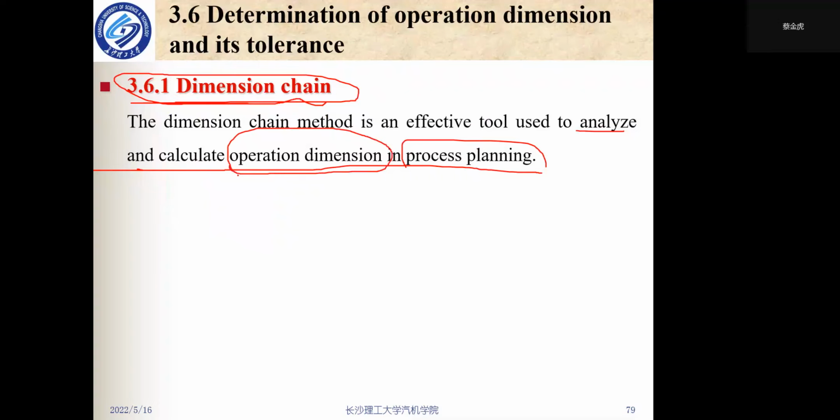Because in the machining process of a workpiece, dimensions are gradually changed from the blank dimension to each operation dimension, and finally to the design dimension. To reveal the relationships of the related dimensions by means of dimension chain theory is very important for determining each operation dimension and its tolerance reasonably, and ensuring both machining and assembly quality.